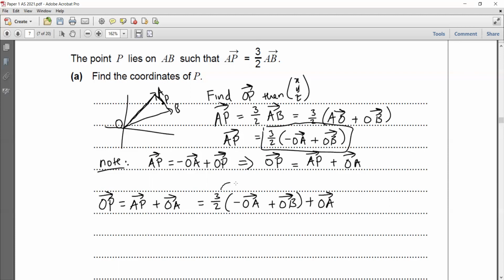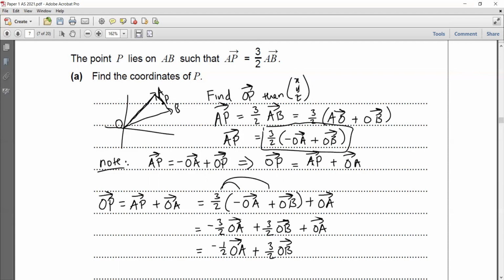Then I need to multiply out the brackets. This is negative 3 over 2 times OA plus 3 over 2 times OB, and then we add OA. Here I have negative 3 over 2 OA and positive OA. You add those two together, we get negative a half OA plus 3 over 2 OB.